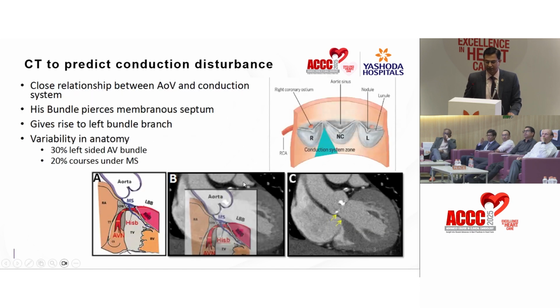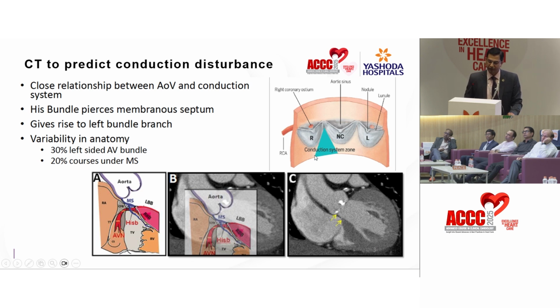So let's go through some cases, and definitely today we can also do some analysis of the CT. We can look at the membranous septum because we know there is a very clear-cut relationship between the aortic valve and the conduction system. This is where the conduction system lies, along the membranous septum, just inferior to the right and non-coronary cusp.